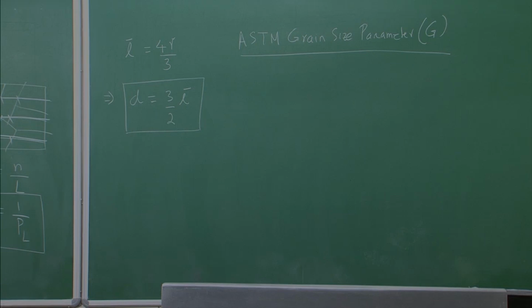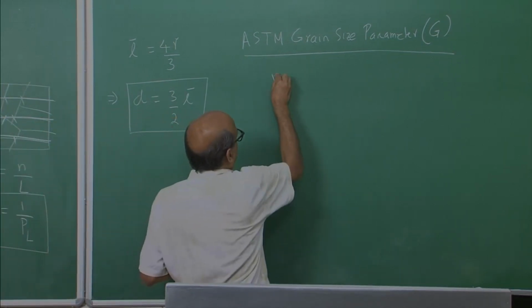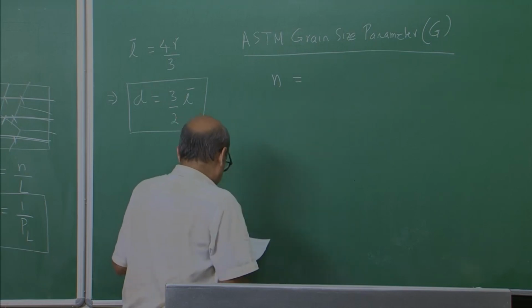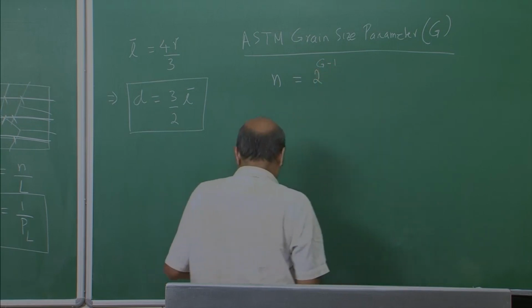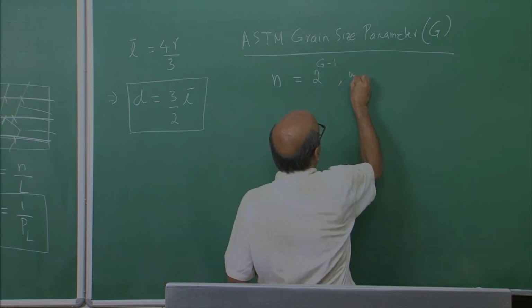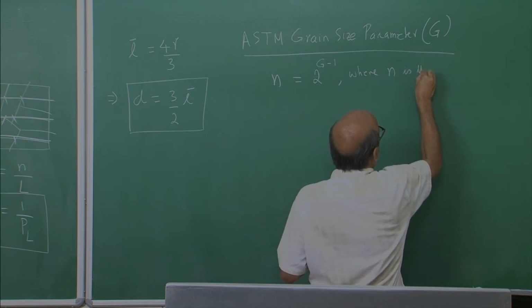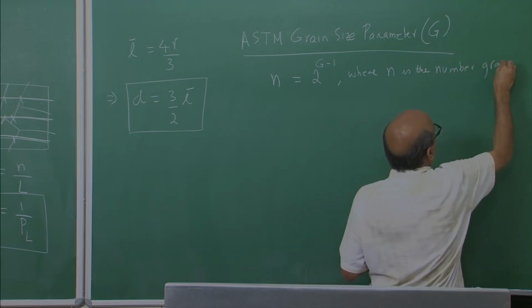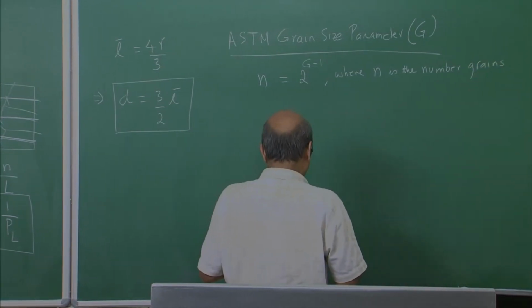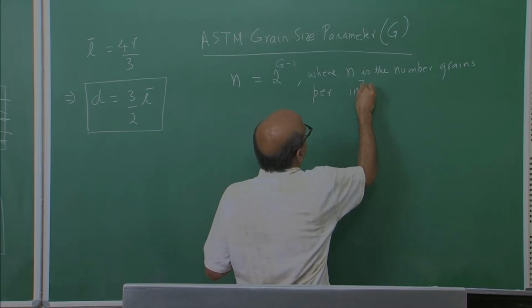Well, let me give you first the original definition of the ASTM grain size parameter, and let me write down a relationship with G, that n is equal to 2 to the power G minus 1, where n is the number of grains visible in the microstructure per inch square.